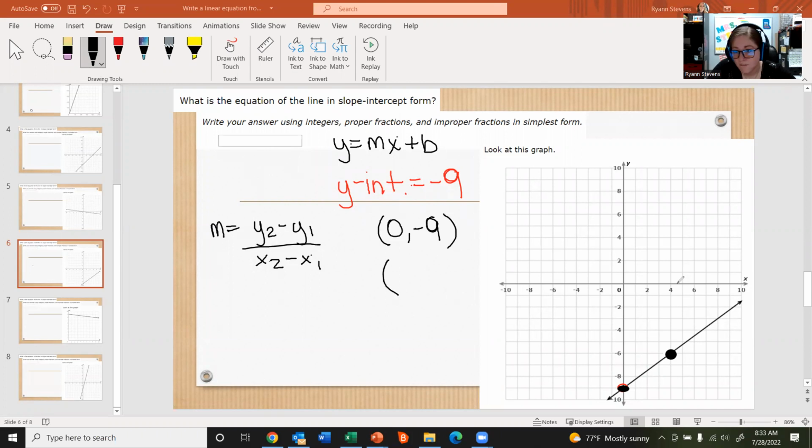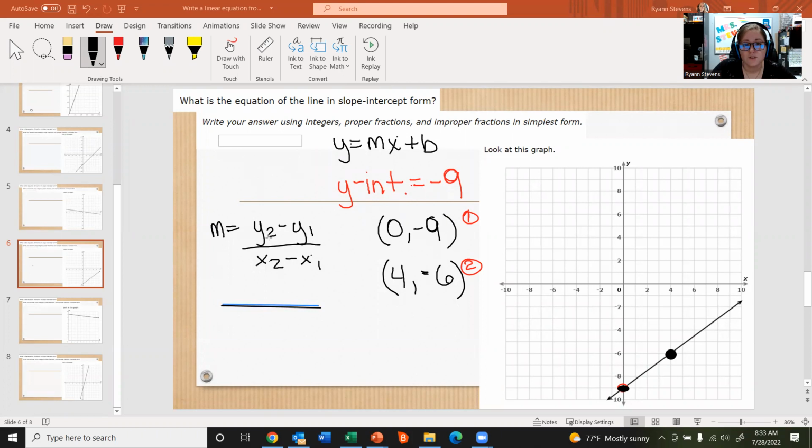And I have, this is lined up with 4 for my x, and then -6 for my y. So when I label these, I'm going to label this one as 1, this one as 2. Now I'm going to use this to set up my slope formula.